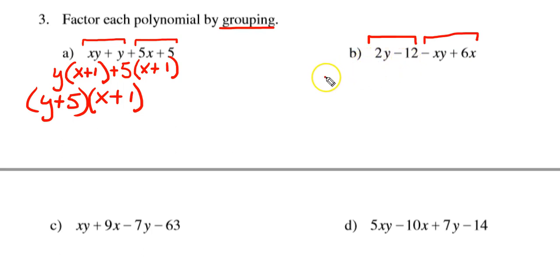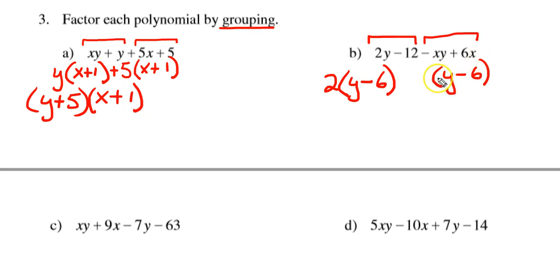Here we can take a 2 out. And we're left with y minus 6. Now, what we're looking for in these second two terms is this common factor, y minus 6.